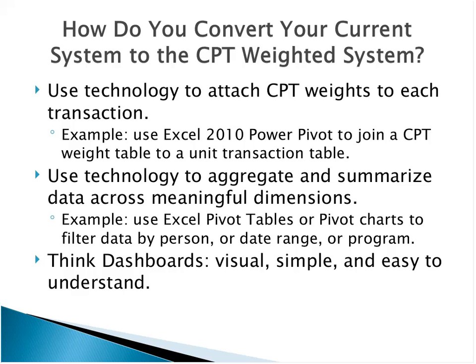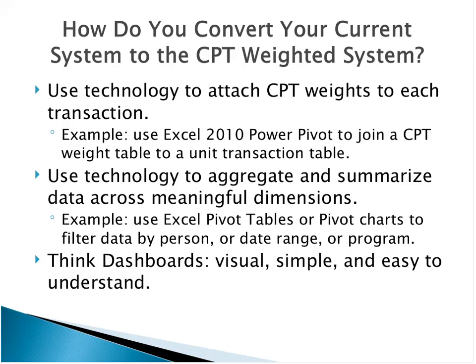The final thing, and what I talk about, is think dashboards, think simple. If you give an individual a report where they have to find themselves, find the numbers, and they're not quite sure what it means, it is sometimes a very difficult thing.